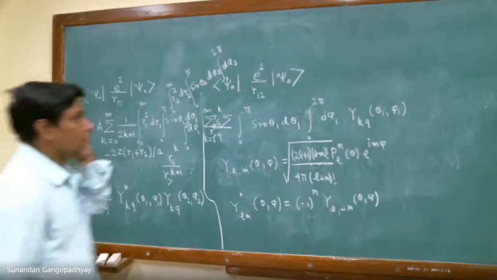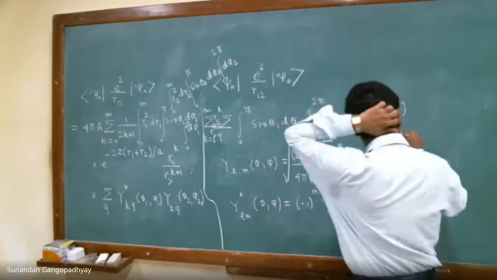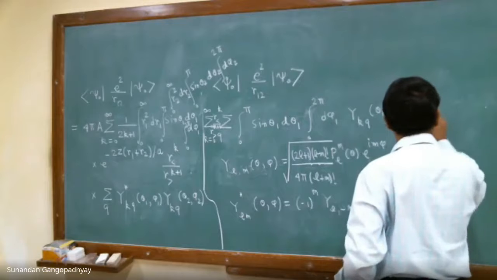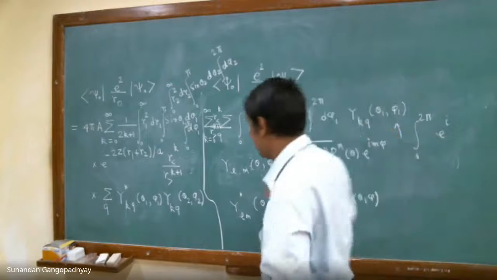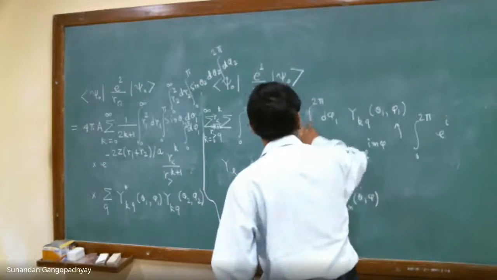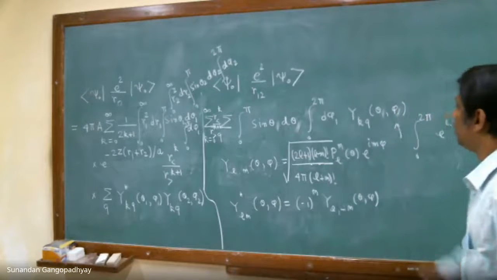So for this thing, you just put it over here, and this will be the integral from 0 to 2π of e to the power of i, and I think this will be θ2, φ2. It is better to keep it as sin θ dθ. Let us not worry about θ1, φ1.